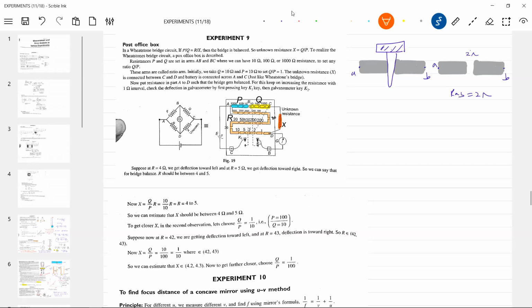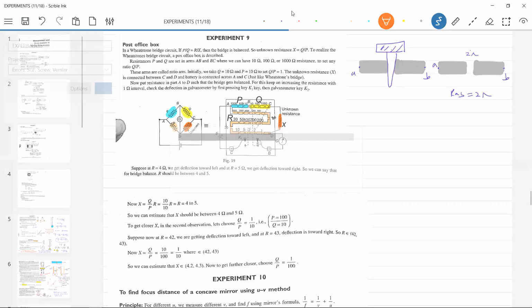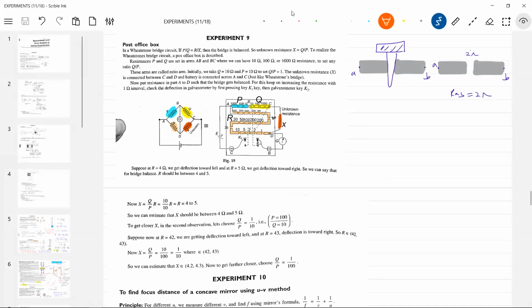Okay, the ratio arms, what you can see here, there's a Q, there's a P. It's very easy. You need not bother much. You just understand the methodology involved. Already we discussed. So now the whole setup will be available as a Wheatstone network.